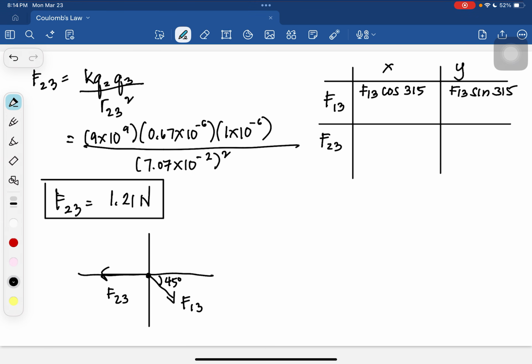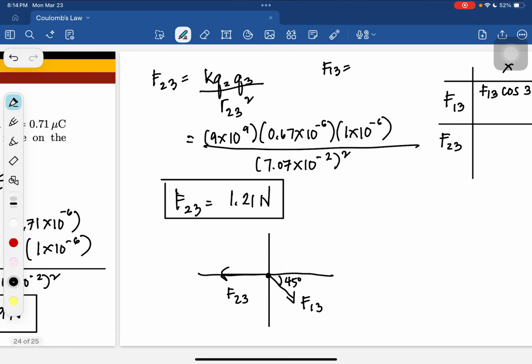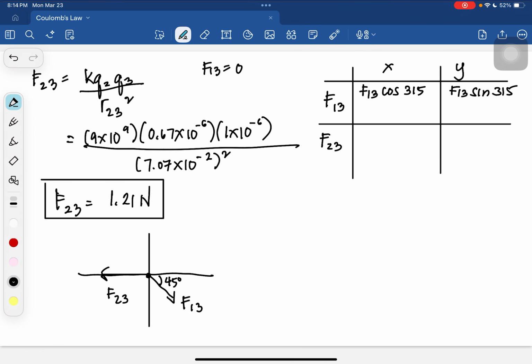And my F13 is, let's write that, 0.639. Okay, let's put that here. 0.639 cosine 315 and 0.639 sine 315. Just for discussion purposes, so that on the other ones we don't have to write everything. 0.639 cosine 315, we're getting 0.452.